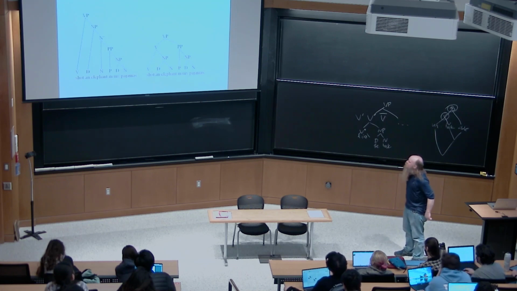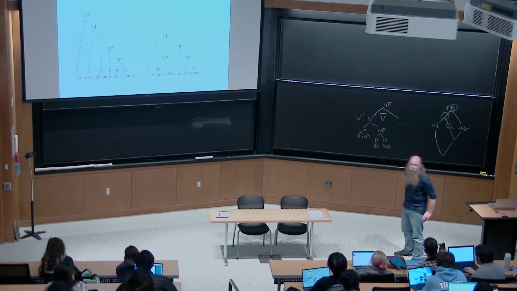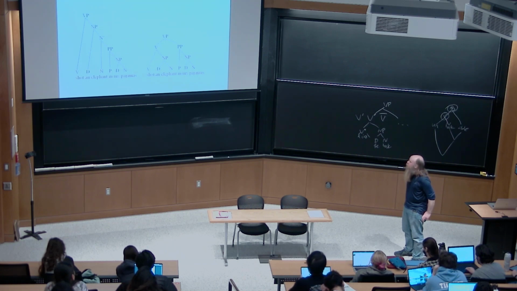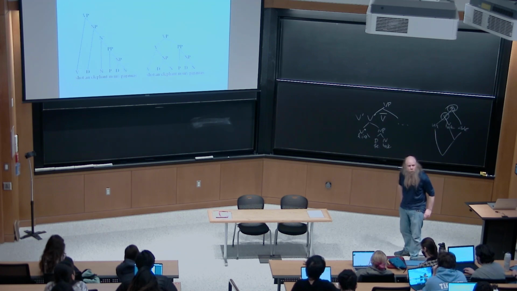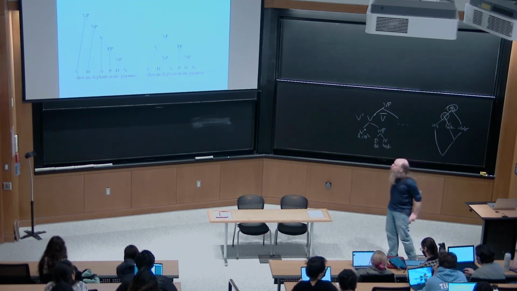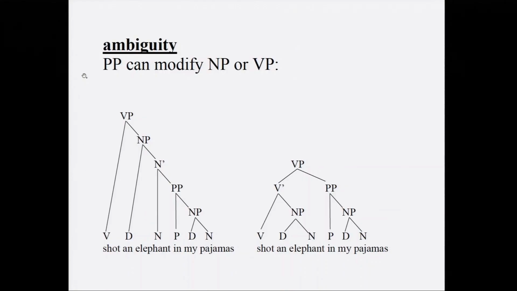Yeah, no, it's interesting that you have this. Right now, what we have is just a grammar that predicts that it could mean either of those things, right? That prepositional phrase in my pajamas can be merged in a couple different places, and the consequence is that it could mean a couple different things. You're absolutely right that the tree on the left is prettier than the tree on the right.